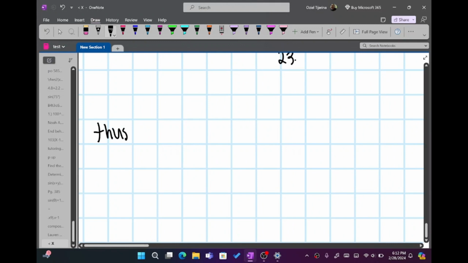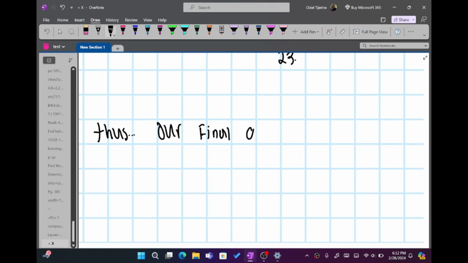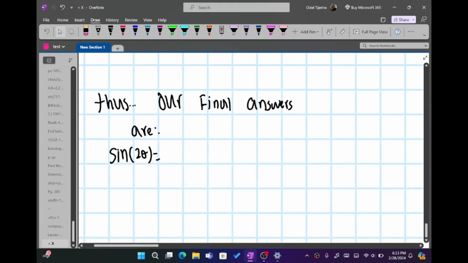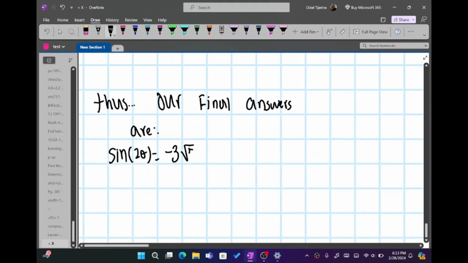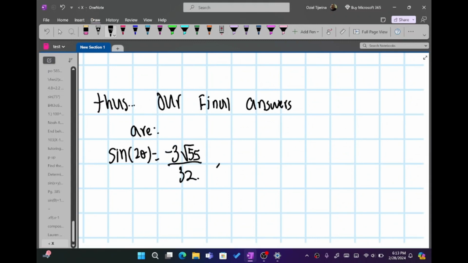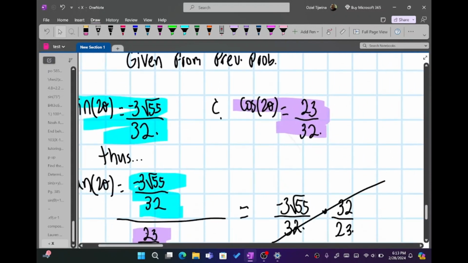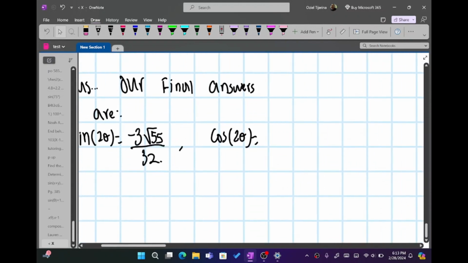Thus, our final answers are: sine of 2 theta equals negative 3 square root of 55 over 32. Cosine of 2 theta was 23 over 32.